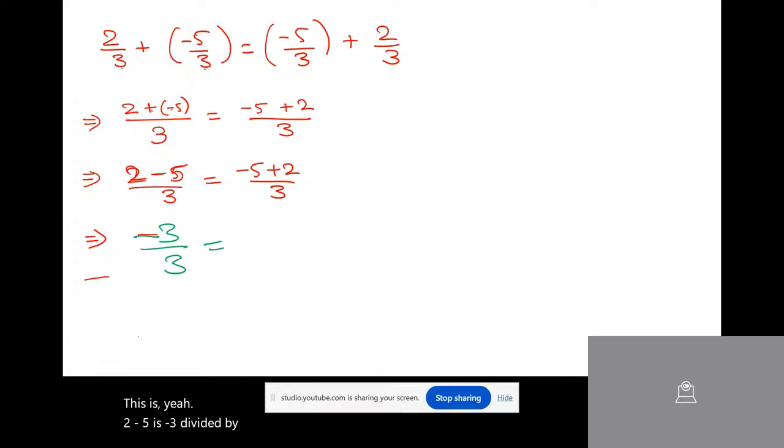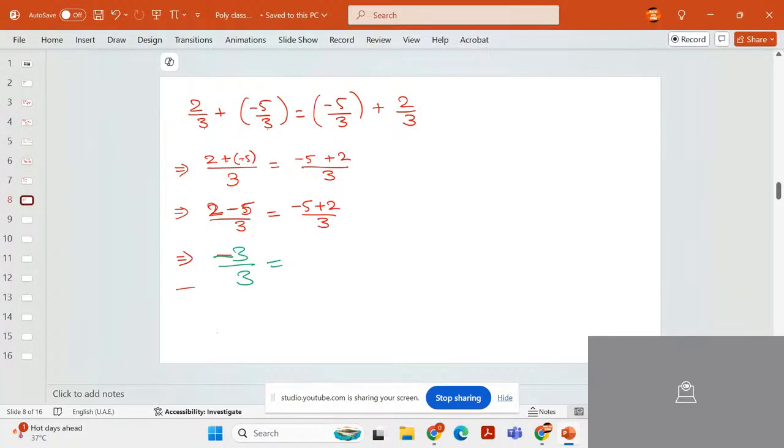And what is minus 5 plus 2? Minus 5 plus 2 is minus 3 divided by 3. Is it right? Because when you have one negative and one positive, what you are supposed to do? Subtract and keep the sign of the bigger number. So therefore, on both sides we get minus 3 divided by 3.